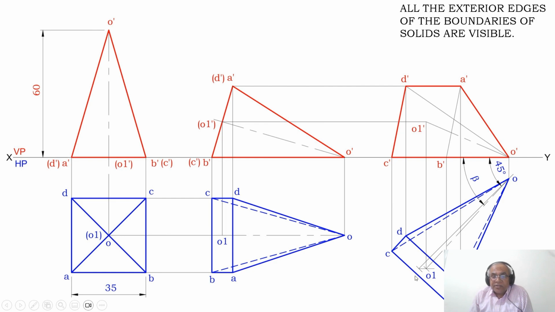Similarly, you extend it on this side and then you measure the distance from O to this line, and from O you cut an arc on that beta inclination line. Then through that point you draw a perpendicular to this OO1 line, that is the beta inclination line. Then you measure the distance from this point to A, which is the same as this point to D. So from this point you transfer it on this side and also onto this side.